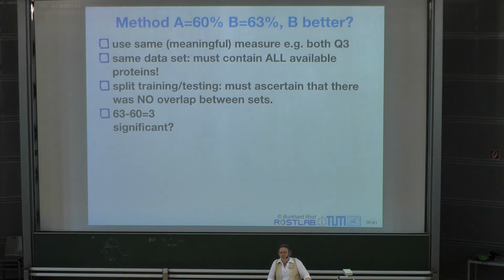The next issue. One method is 63, one method is 60. Assume we have the same type of split. Assume we have exactly used every single protein once. It's the same data set. It's the same measure. Now, is a difference of 3 percentage points significant?